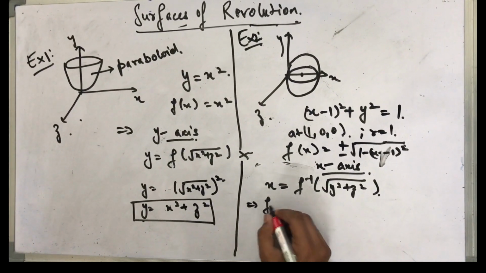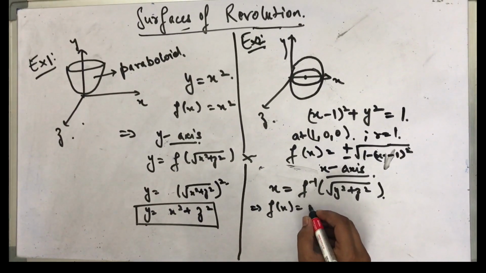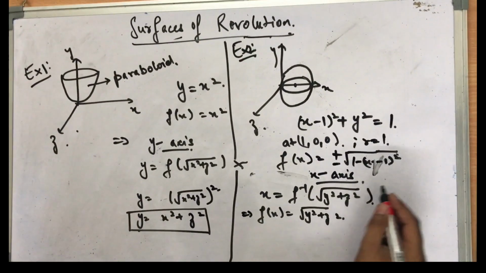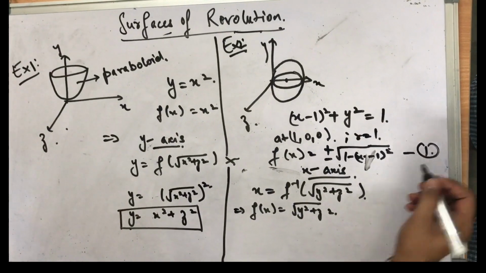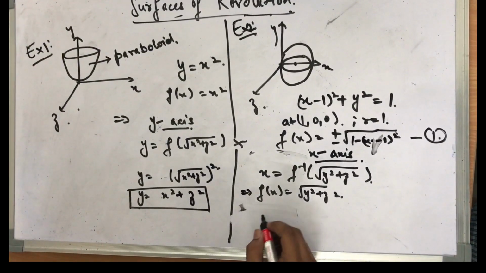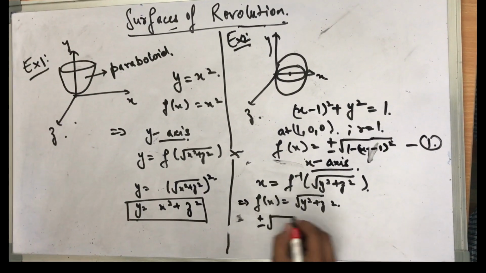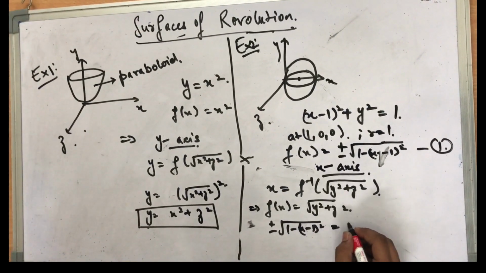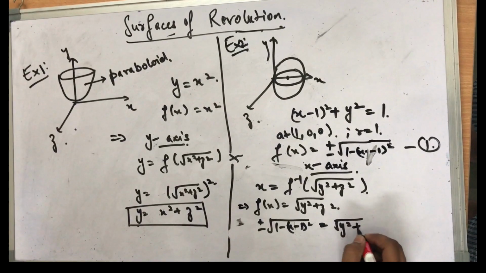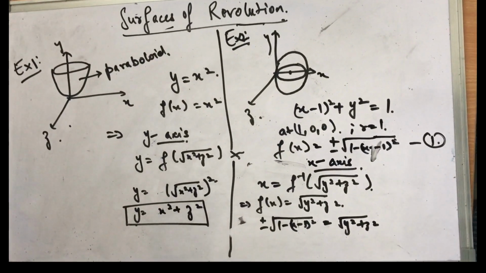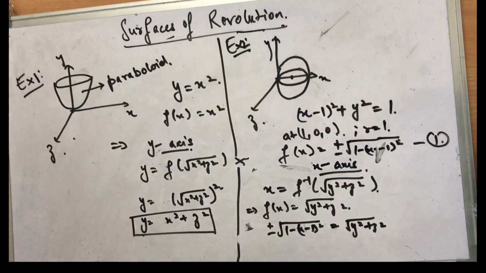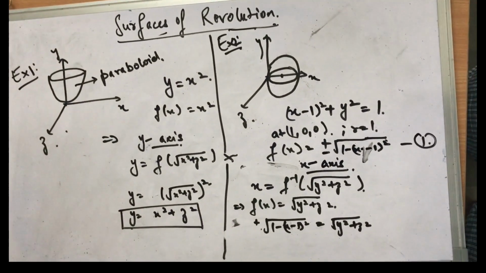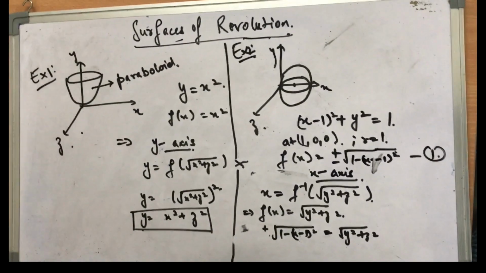which can also be written in the form f of x is equal to root of y square plus z square. Taking f of x from equation 1, plus minus root of 1 minus x minus 1 the whole square is equal to root of y square plus z square. As root of y square plus z square will always be positive, we neglect the negative part, that is the lower half of the circle, which is a semicircle.